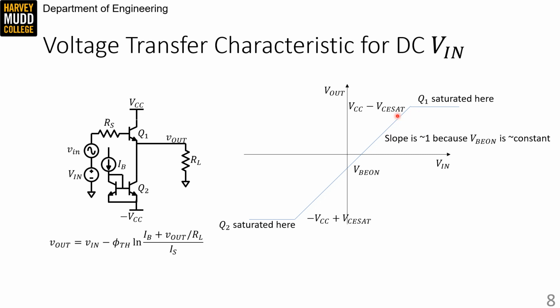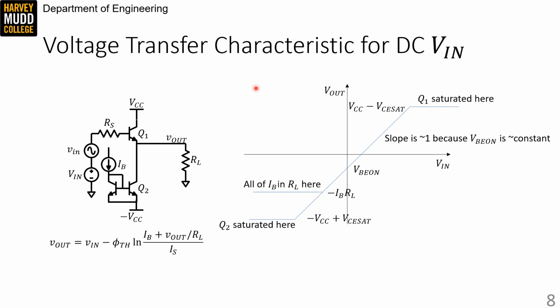The input is VBE on above the output, so at the maximum output value, this would be VCC minus VCE sat, and this would be VCC minus VCE sat plus VBE on. And because VBE on is bigger than VCE sat, that's above VCC. So usually we'll be limited in our swing in this amplifier by our driver, which always confines us to this linear region.